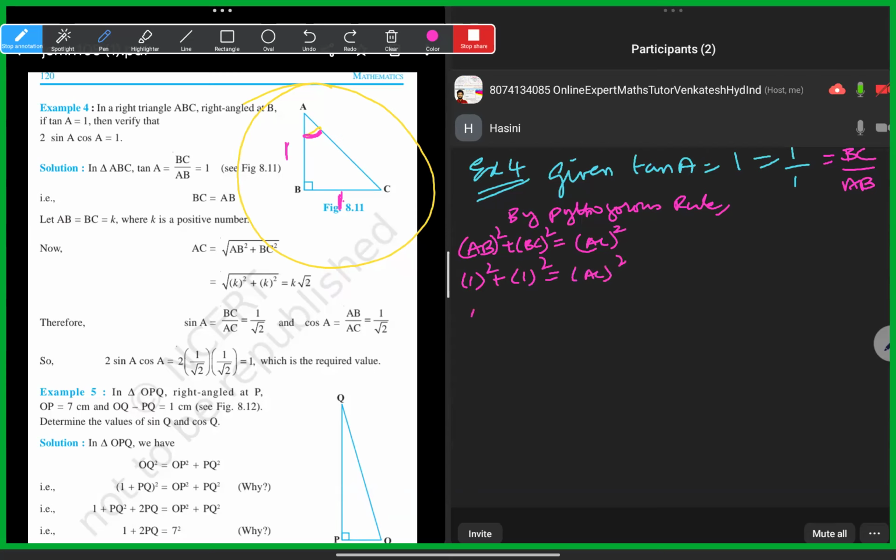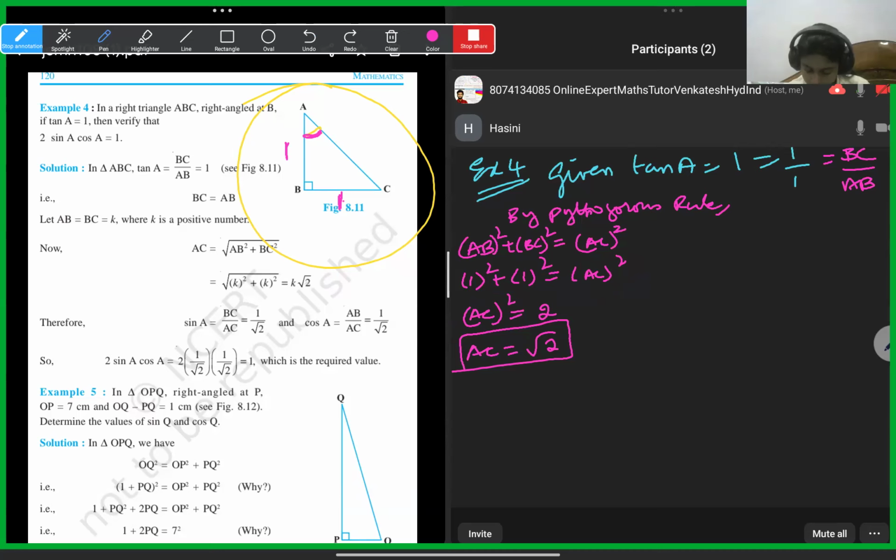So I'm just writing AC square this side: 1 square plus 1 square, 2. Any doubt? No, sir. AC is equal to root 2. Both of them are interchangeable, not a problem. 1 square plus 1 square means 1 plus 1 is 2.